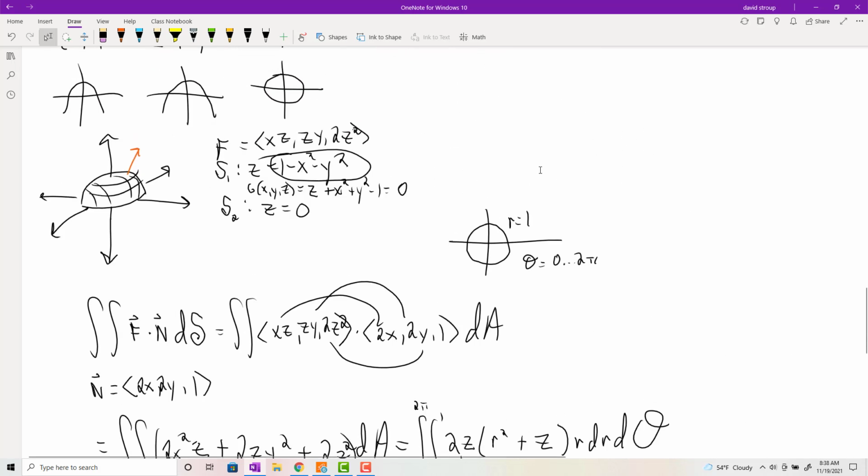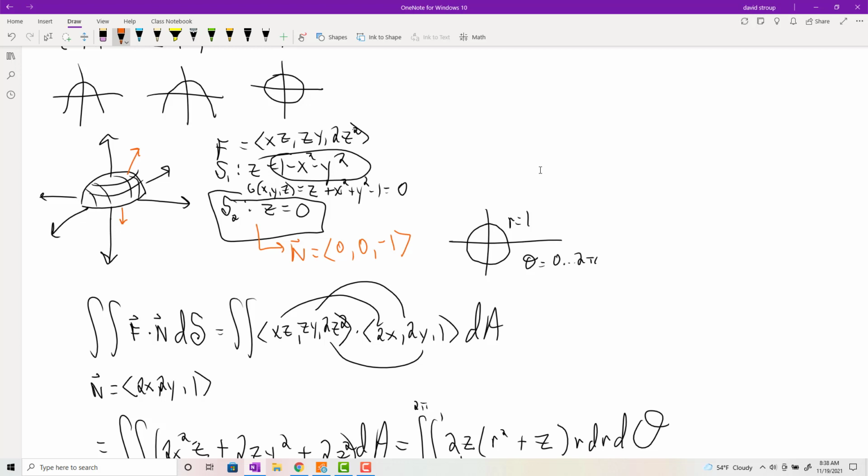Then for the second integral, again, it's this z equals 0, right? So this integral is going to be a lot easier. This is the one case where you actually have to use a downward unit normal vector, okay? Because you want those normal vectors to be pointing to the outside of the object. So on the bottom surface, you want the downward pointing unit normal vector. Thankfully, this surface is so simple that the unit normal vector is just going to be 0, 0, pointing straight down in the z direction, -1, right?